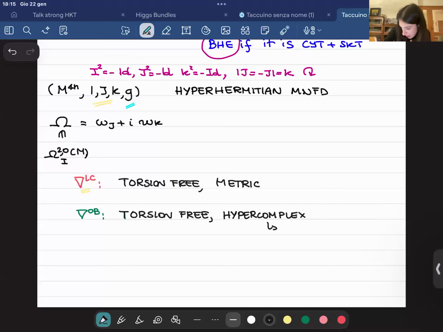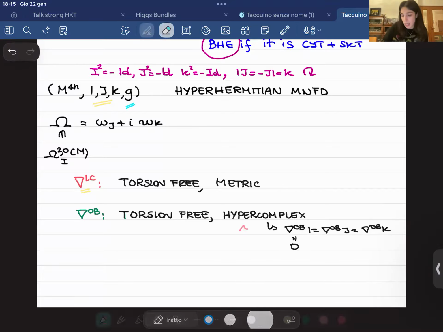And here I am meaning that nabla^Ob I is equal to nabla^Ob J is equal to nabla^Ob K. Okay. But in general, again, this has no compatibility with the metric. So I have these two points of view, which seem somehow not related to each other. I can look either to the metric point of view or the hypercomplex one.